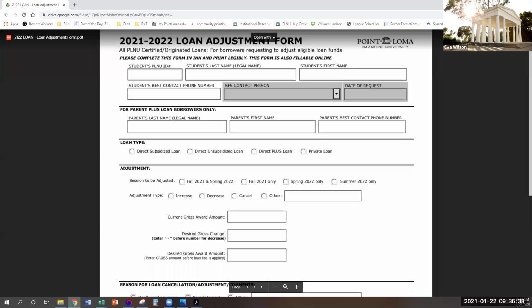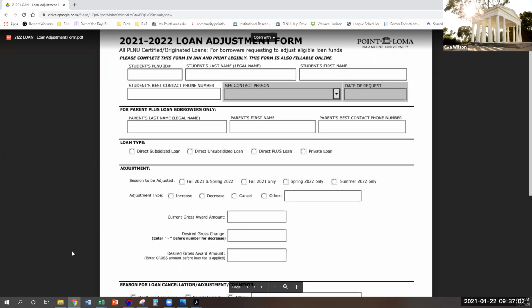I don't know. I may be a little dense, but this is not real clear to me. You want the gross amount of the year, the semester, and maybe you need to put a definition of what gross amount is. It's still a little fuzzy to me.